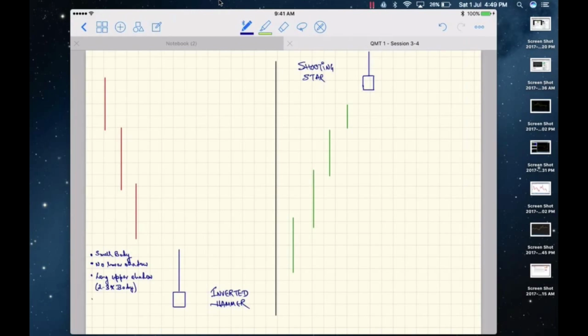It has to come after a downtrend. The color is irrelevant. More volumes, better.